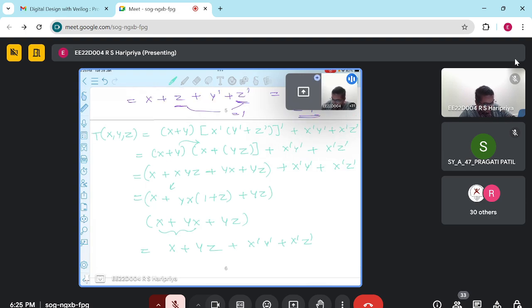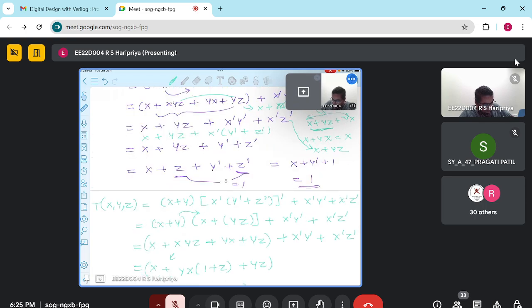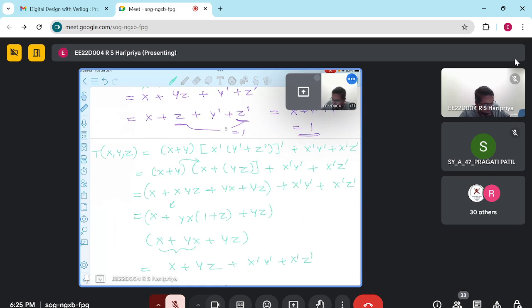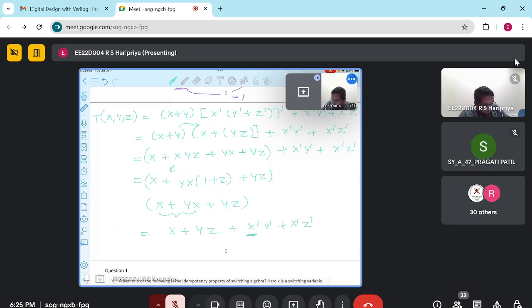I think if you reduce from this x complement, and this reduces to x plus x complement with y.